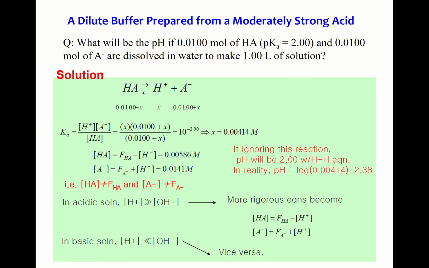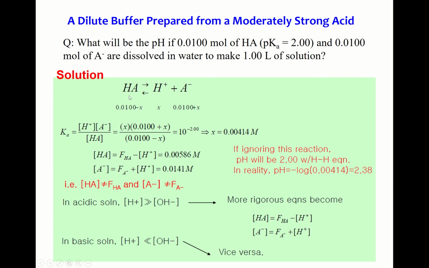The question is to calculate the pH of 0.01 mole of weak acid HA and 0.01 mole of A minus, with a total volume of 1 liter. The analytical concentration, in other words the formal concentration, of HA is 0.01 molar, and likewise the anion formal concentration is also 0.01 molar.